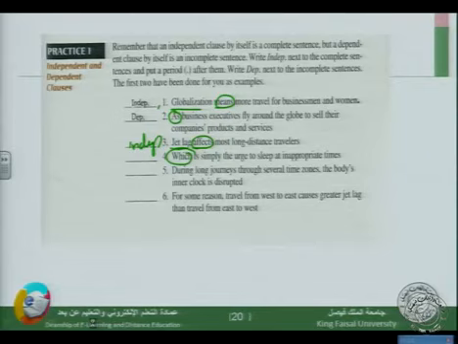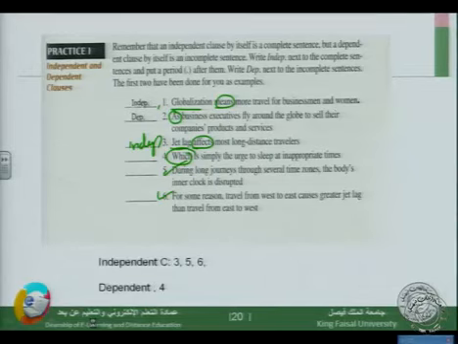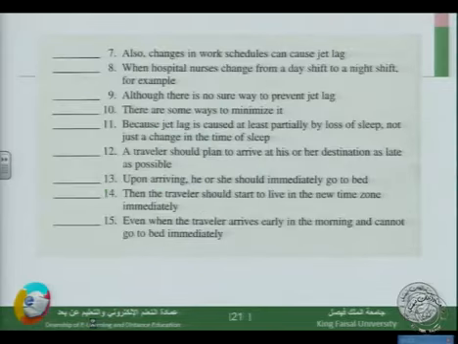Number five, during long journeys through several time zones, the body's inner clock is disrupted. هذه independent. Number six, for some reason, travel from west to east causes greater jet lag than travel from east to west. So here we also have an independent clause. So as you can see, independent are numbers 3, 5, and 6, and dependent is number 4.